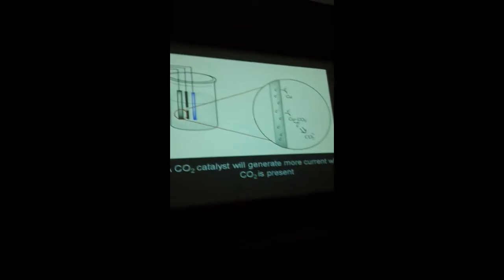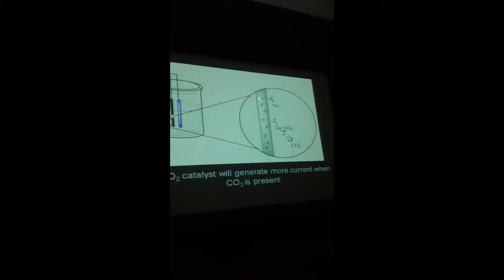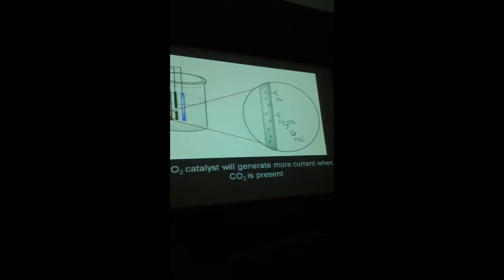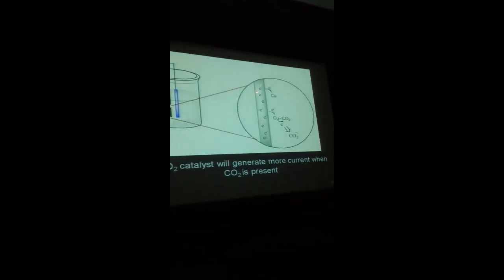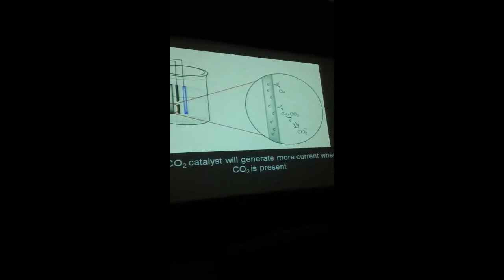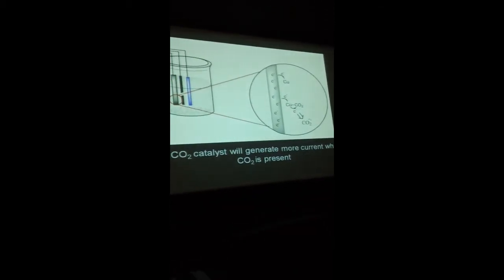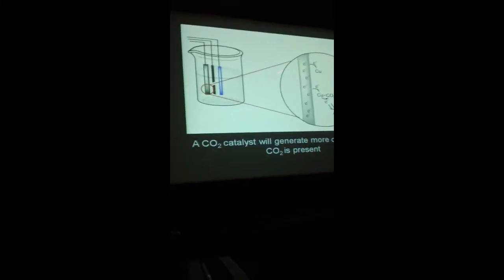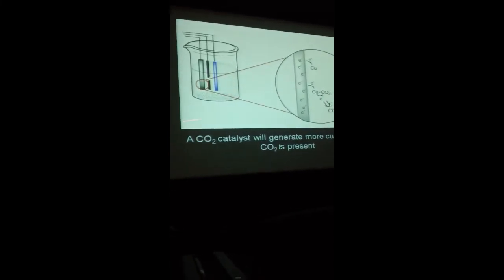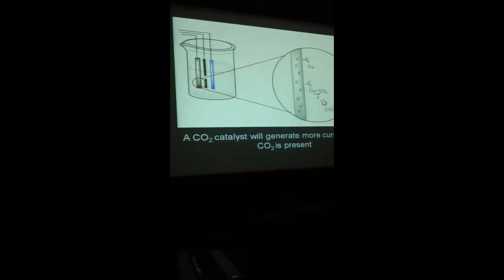It's just a graphic, but if there's no carbon dioxide present, this first scenario is what I would expect to see happen. An electron goes from the electrode onto my copper and DPK, and then it's done. That copper is done taking electrons, so that'll produce some current, but not very much, because you just have the electron to the copper, and then another copper can come, an electron to the copper, and like I said, that produces a small amount of current.